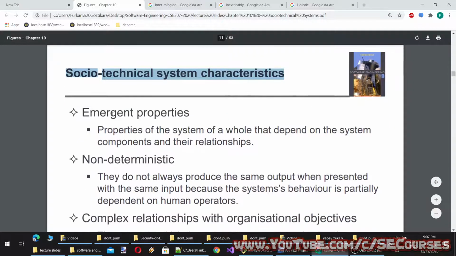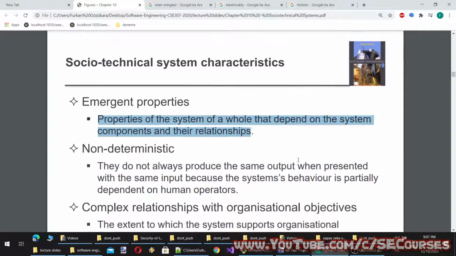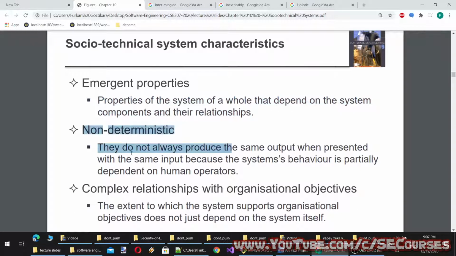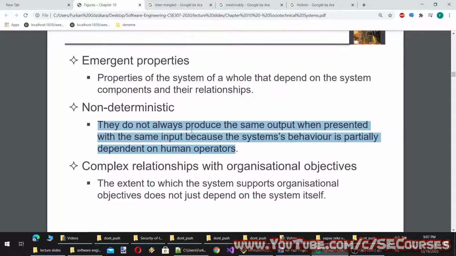Socio-technical system characteristics. Emergent properties: properties of the system as a whole that depend on the system components and their relationships. Non-deterministic: they do not always produce the same output when presented with the same input because the system's behavior is partially dependent on human operators.